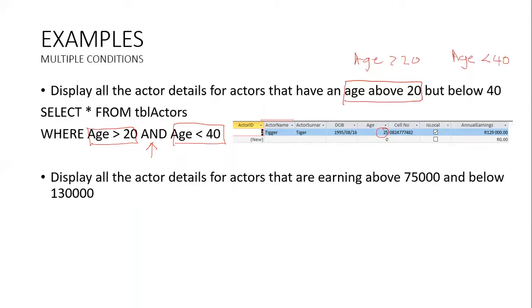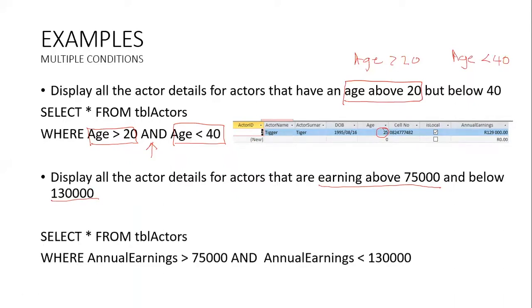In the next example, we are looking for earnings above 75,000 and below 130,000. So very similar to the previous one, but this is based on annual earnings. So I've got the annual earnings greater than 75,000, says above.